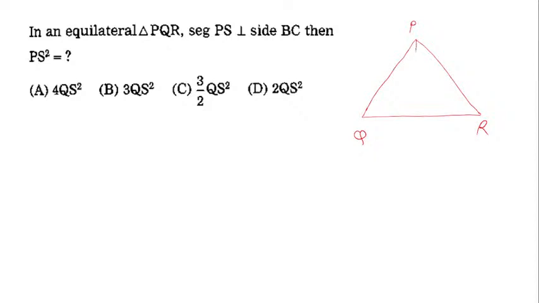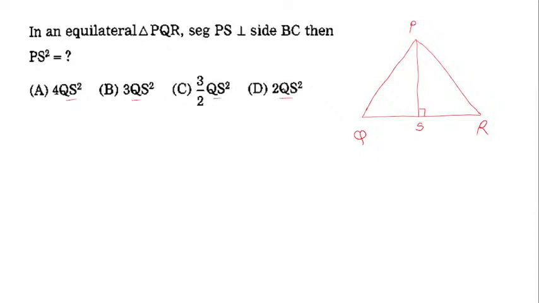So we should draw here PS. PS is perpendicular to QR. And by this one we have to find PS square. So what is PS square in terms of QS? So we have to express PS in terms of QS.